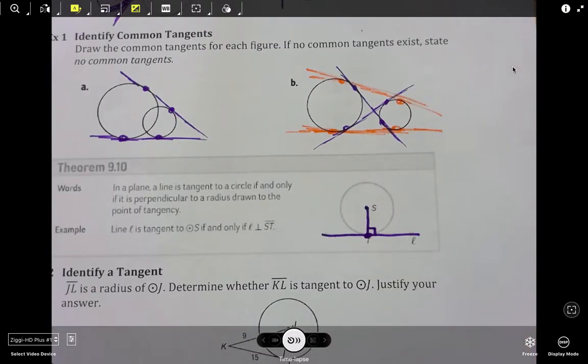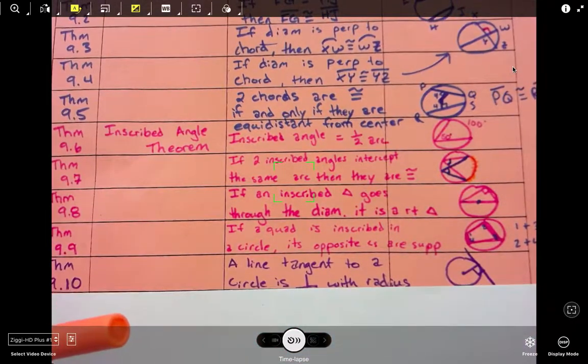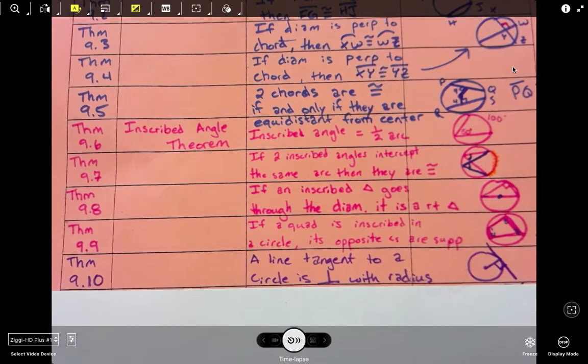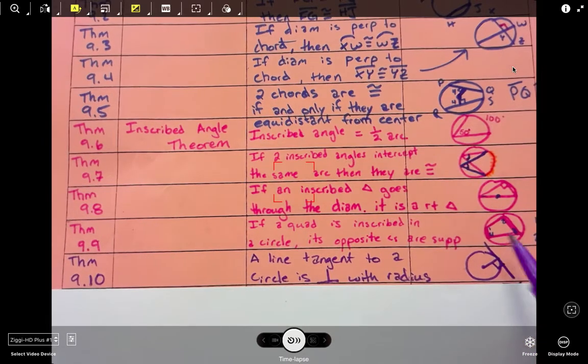Okay, so in that theorem I went ahead and wrote on the theorem sheet, theorem 9.10: a line tangent to a circle is perpendicular with the radius. I went ahead and drew my circle. Here's a tangent line.